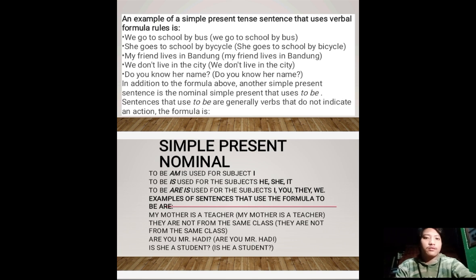In addition to the formula above, another simple present sentence is the nominal simple present that uses to be. Sentences that use to be are generally verbs that do not indicate an action. The formula is: simple present nominal.